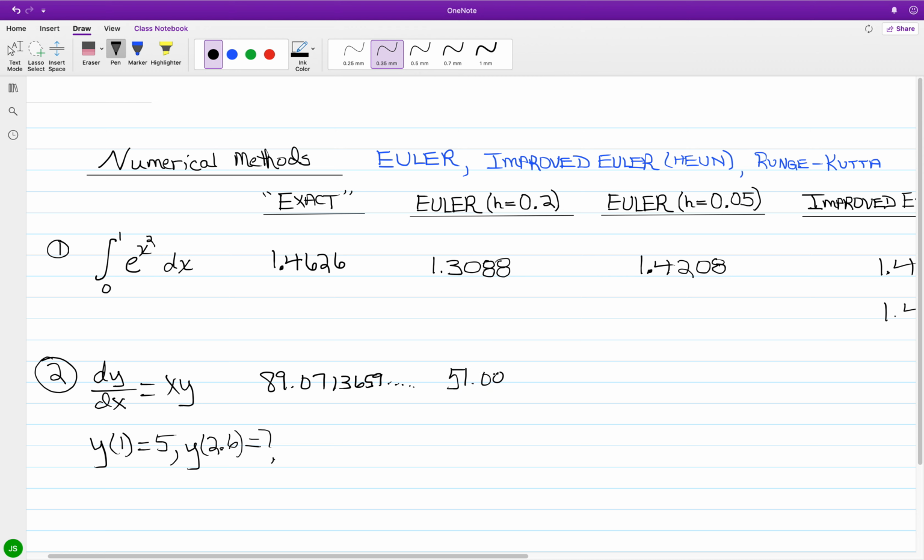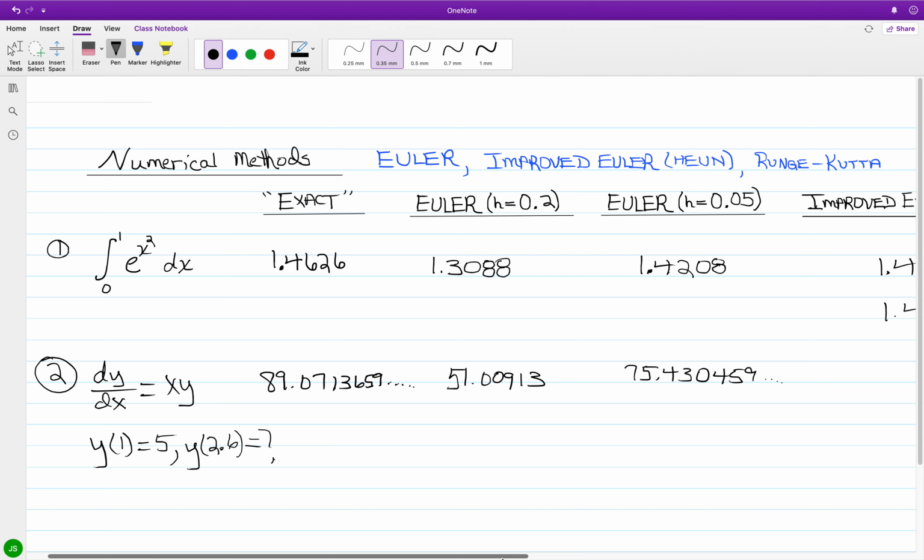We have the output at 51.00913 among the first digits, and for a much smaller step size, 0.05, we have much closer, but still quite a bit off the mark, where we have 75.43045 among the first digits.